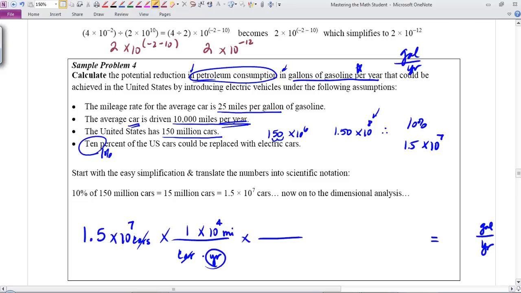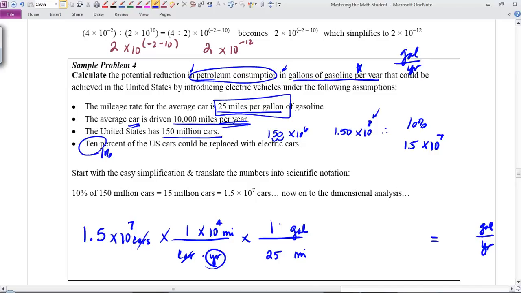So what can we do about miles? We already did the 10,000 miles per year, right? 25 miles per gallon of gasoline. Oh, I need gallon on the top, and I need mile on the bottom. So 25 miles per gallon, the 25 goes with mile, and there's an understood 1 per 1 gallon.